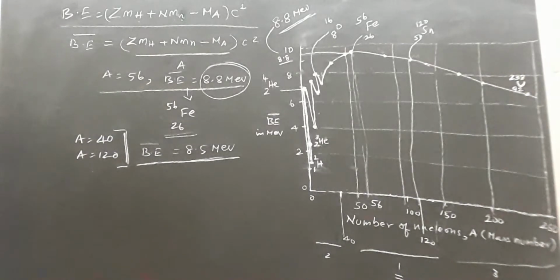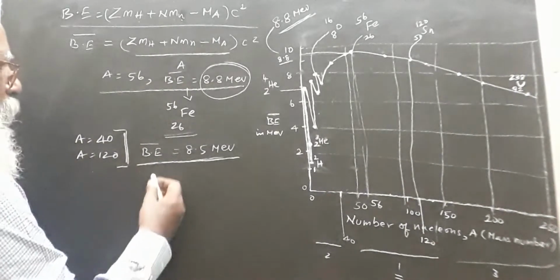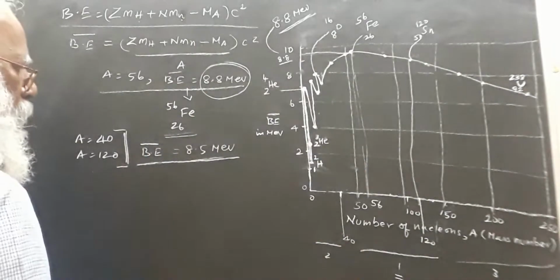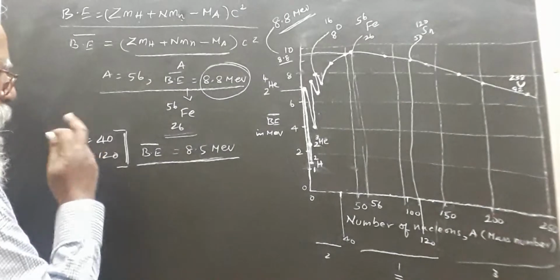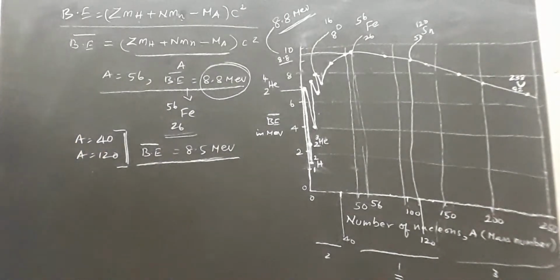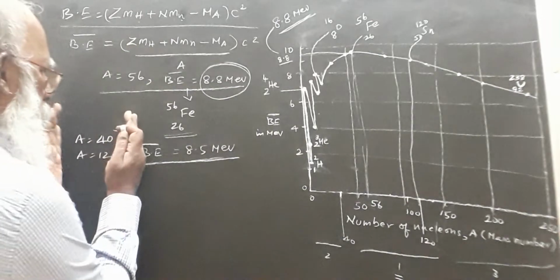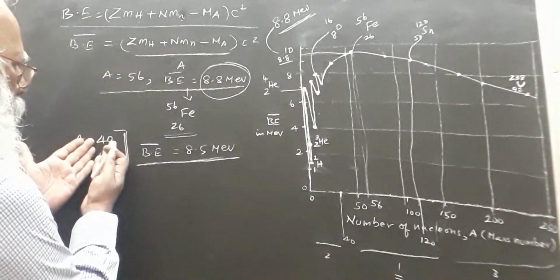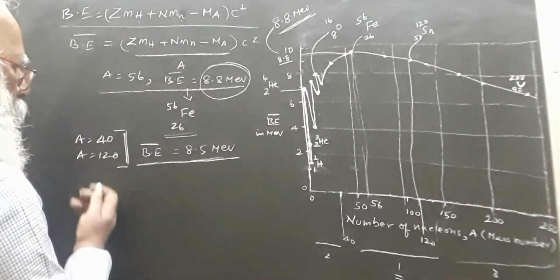These elements have comparatively more binding energy per nucleon than any other elements when A is between 40 and 120. Because of this higher value, they are the most stable elements.